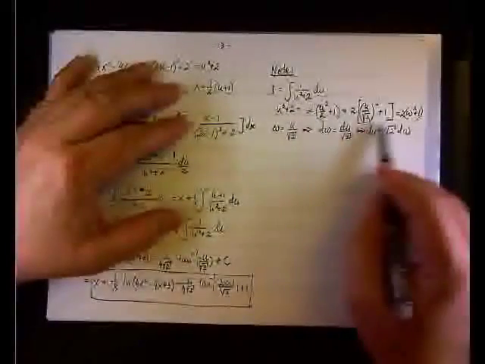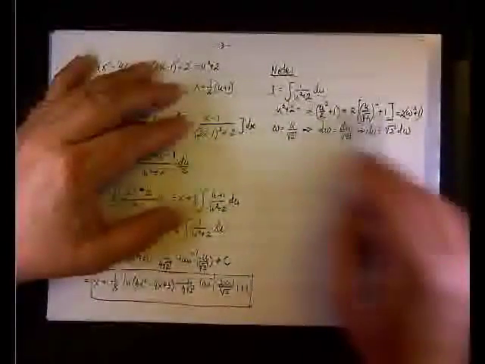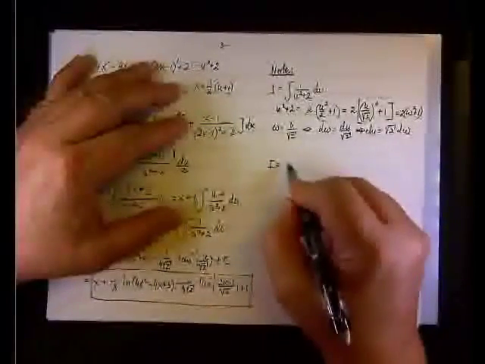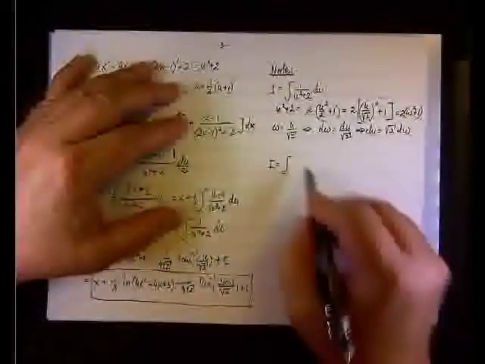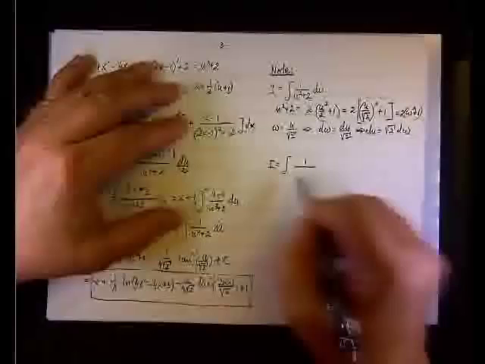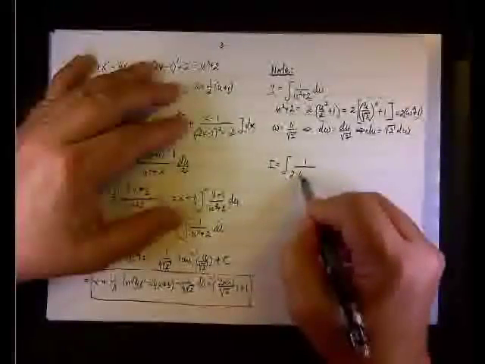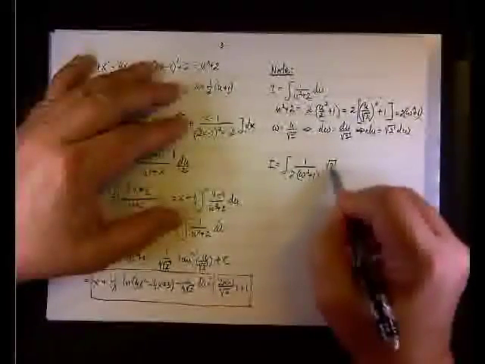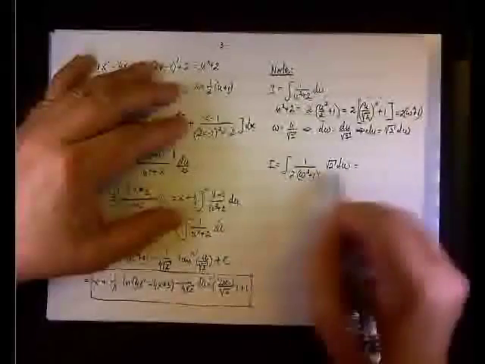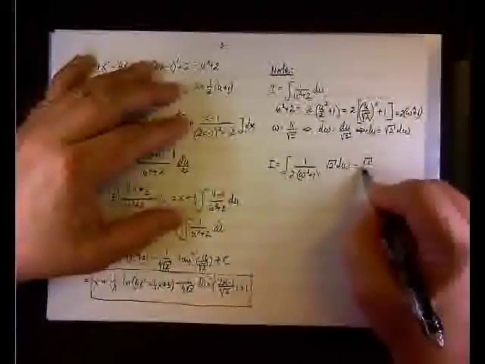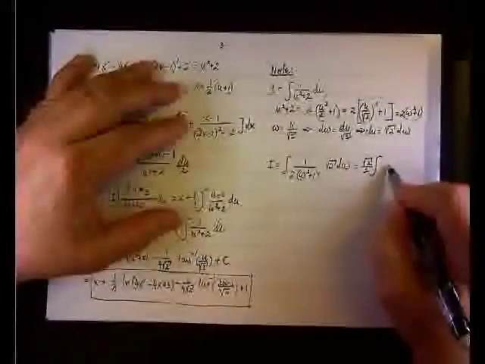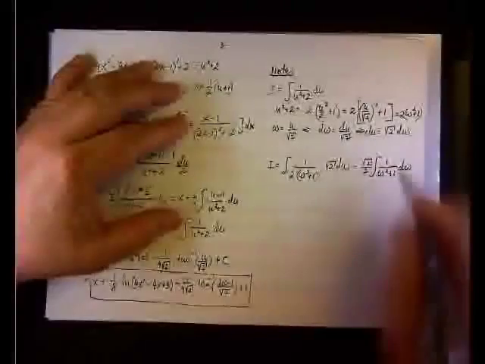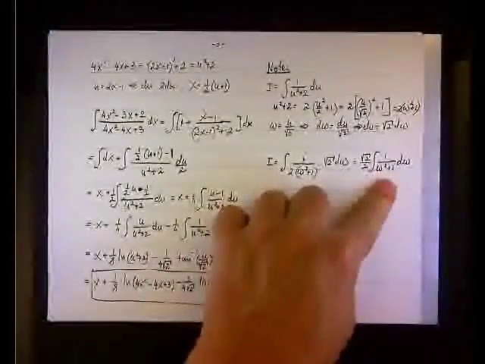Therefore u squared plus 2 is 2 times w squared plus 1, and now the integral I is 1 over 2 w squared plus 1, times square root of 2 dw. Factor out the square root of 2 over 2, and get the integral of 1 over w squared plus 1 dw.